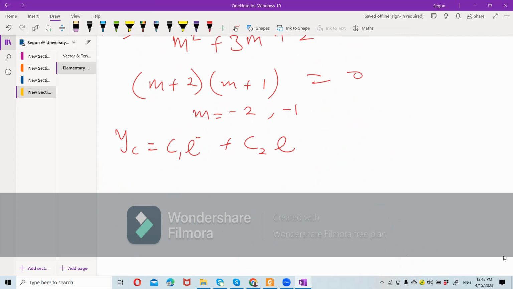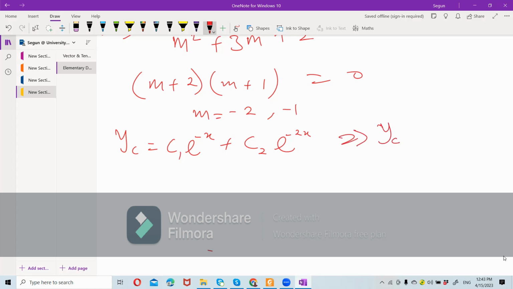Sorry. Let's start with this one. Minus x and minus 2x. Because if you look at it, remember we are dealing with non-homogeneous now. So the y complementary in this case always be like this.